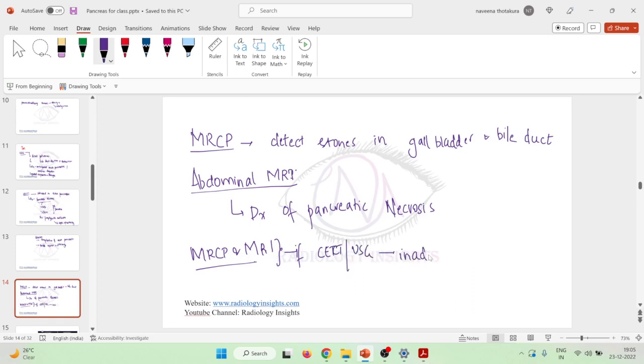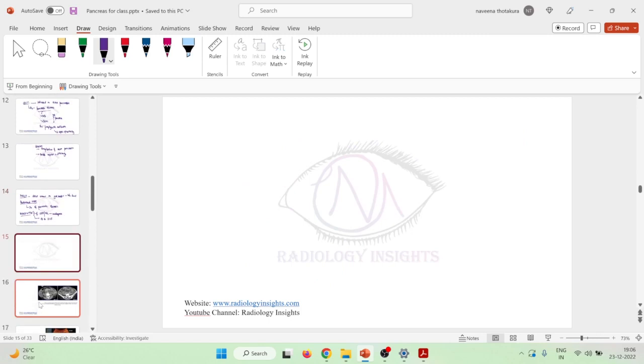That is, if the information provided by CECT and ultrasound is inadequate, then we can do MRCP or MRI. They are also done if there is a contraindication to CECT. If we cannot give contrast to the patient, or if there are any other contraindications to CECT, then we can do MRCP and MRI in these patients.